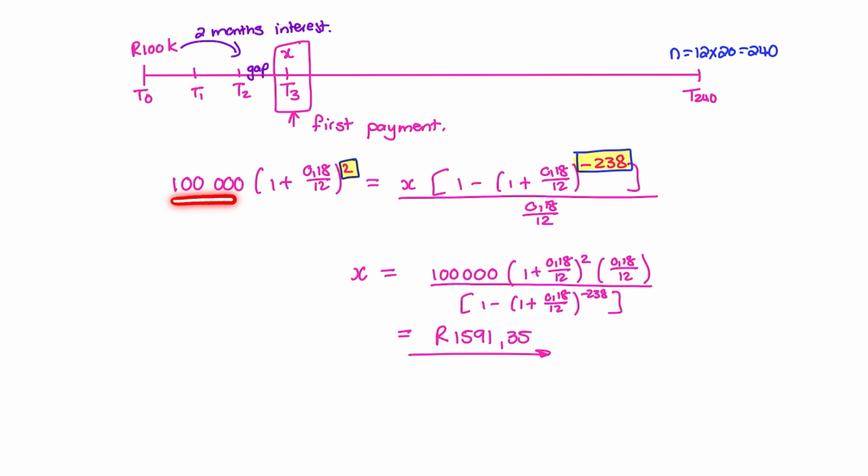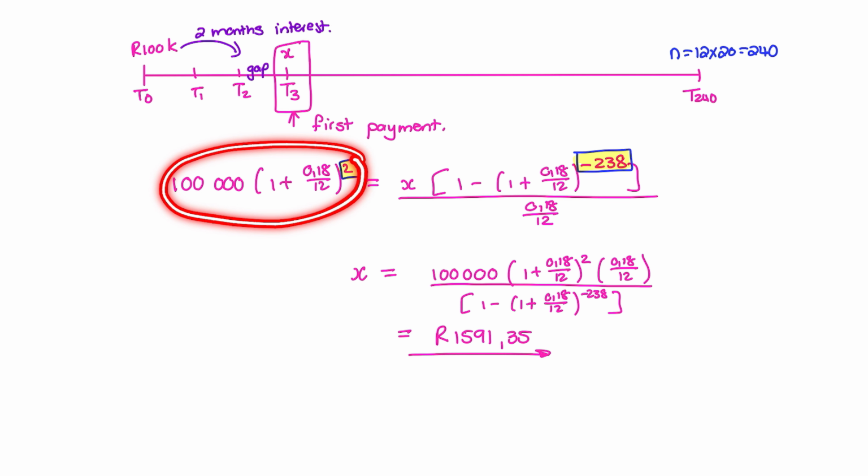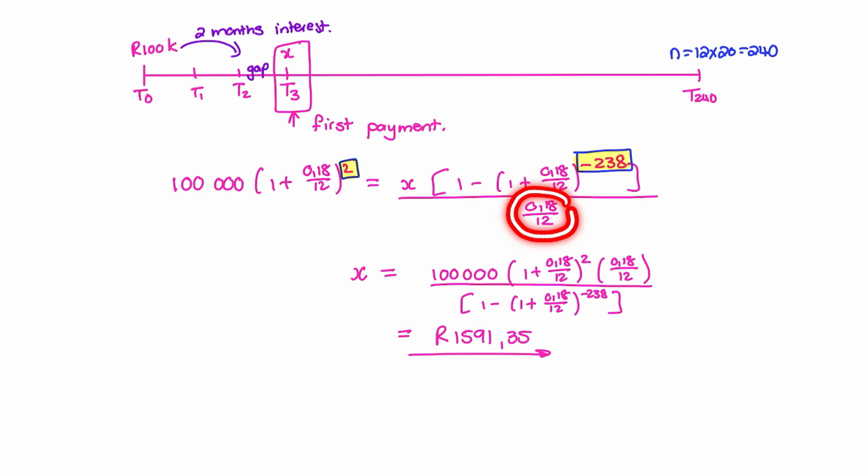We had 100,000 with the 2 months of interest, and then to get x alone, I multiply this left-hand side with 0.18 over 12. And that is why we have it here at the top. Then we have this set of brackets next to x.